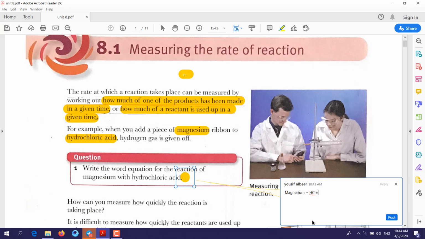If we have a metal with an acid, what will we get? We will get a salt, which is magnesium chloride, plus hydrogen. When a metal reacts with acid, we will have salt plus hydrogen.